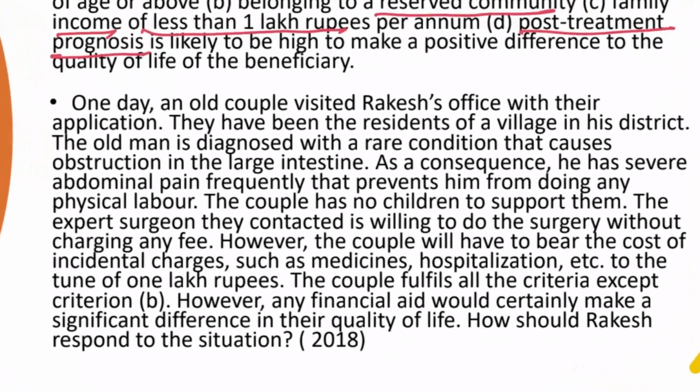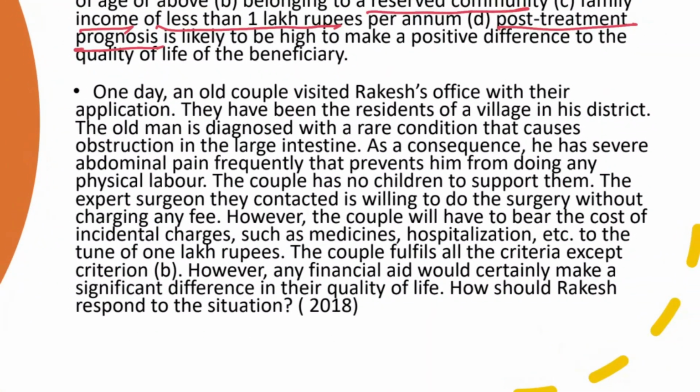And one day, an old couple visited Rakesh's office with their application. They are residents of a village in his district. The old man is diagnosed with a rare condition that causes obstruction in the large intestine. As a consequence, he has severe abdominal pain frequently, which prevents him from doing any physical labor.